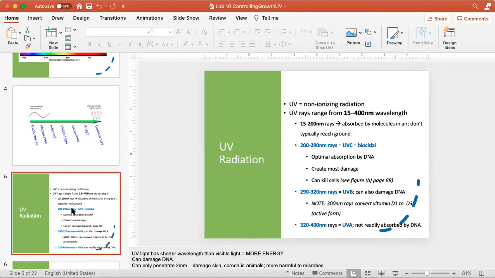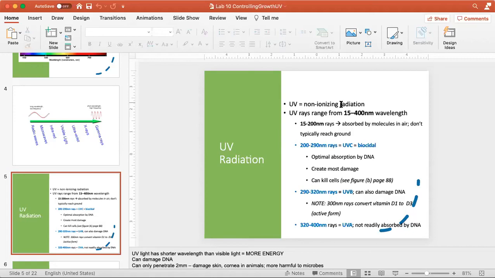Just like visible light has a range of wavelengths in it, so does ultraviolet. And ultraviolet ranges from about 15 to 400. Okay, 15 nanometers to 400 nanometers. And we can break this range of wavelengths into 4 different groups of ultraviolet.